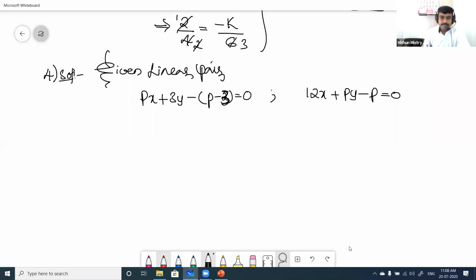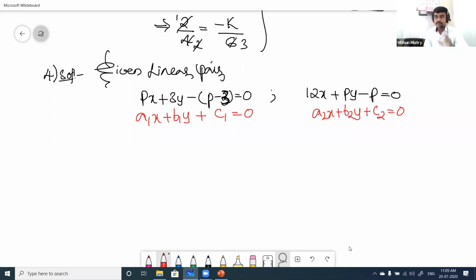Okay, now I'm going to compare this because these are already in general form. A1x plus b1y plus c1 is equal to 0. A2x plus b2y plus c2 is equal to 0. Now try to understand. In the place of x, x is there. In the place of y, y is there. Other than x and y, what is there? That is called A1. Coming to C1, the total is C1.